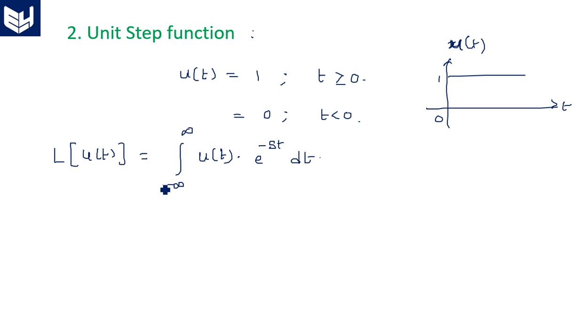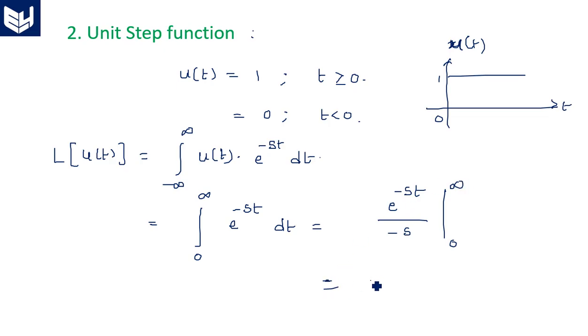With respect to u of t also, it is 0 to infinity. So from 0 to infinity, u of t can be taken as 1, times e power minus st dt. How do we simplify this? Apply integration of the exponential signal: e power minus st divided by minus s, with limits from 0 to infinity.